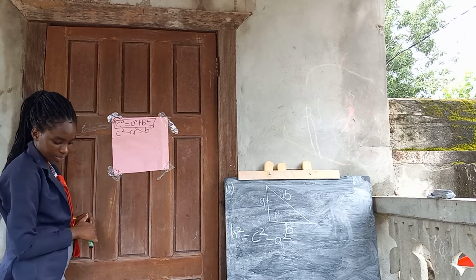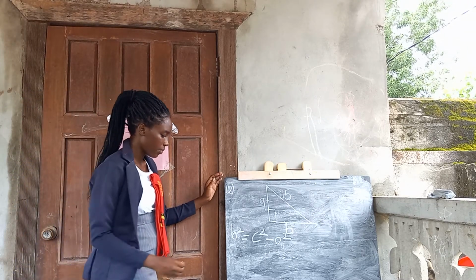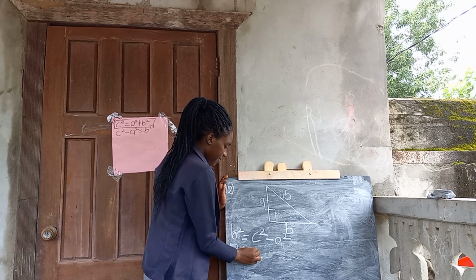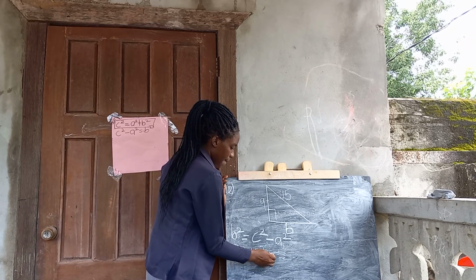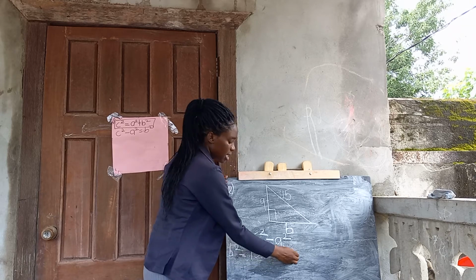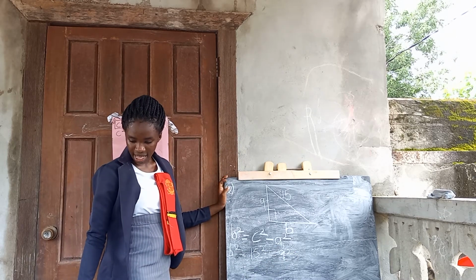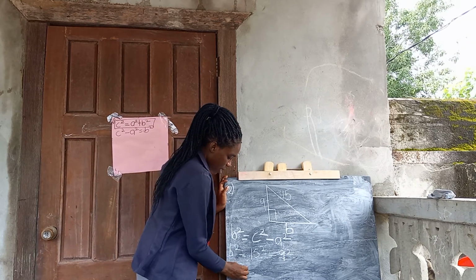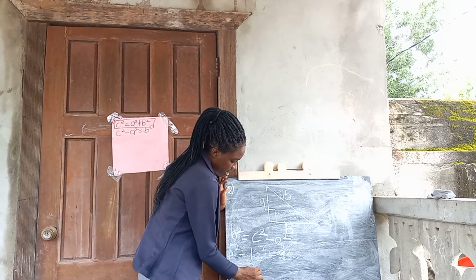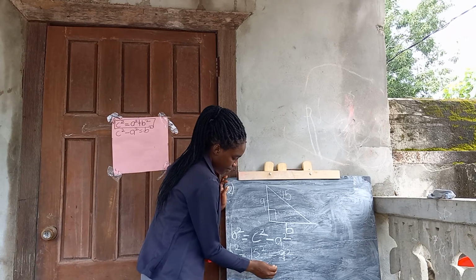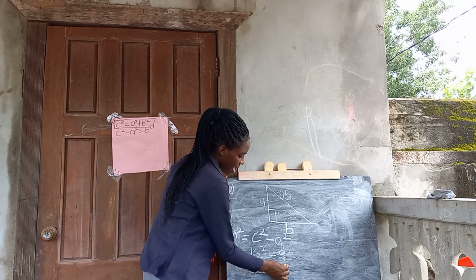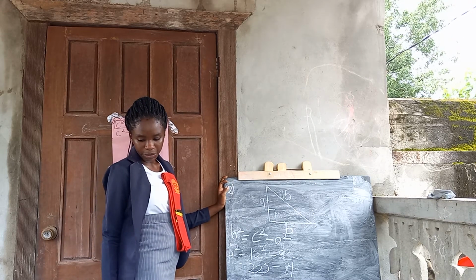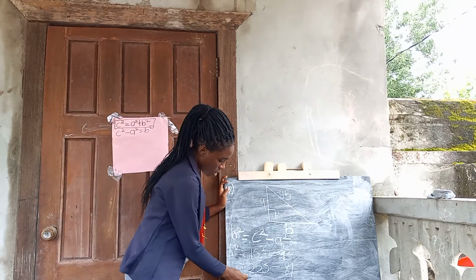Very good. So let's put in what we know. So b squared is going to equal c, which is 15 squared, minus 9 squared. Do you see that? So 15 squared is going to equal, yes, 225, minus 9 nines, 81. So when you take 81 from 225, what are you going to get?